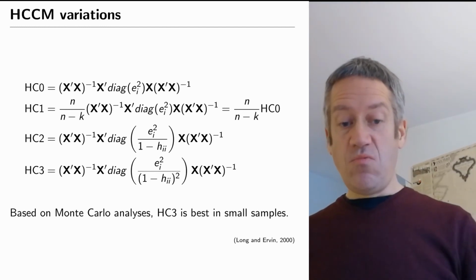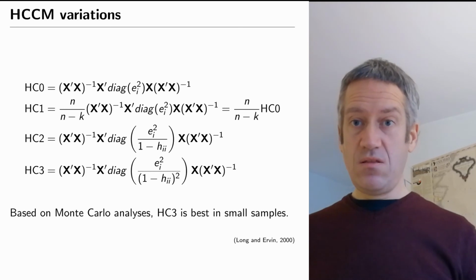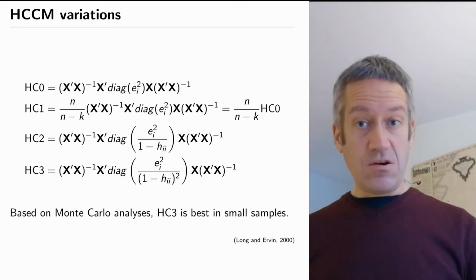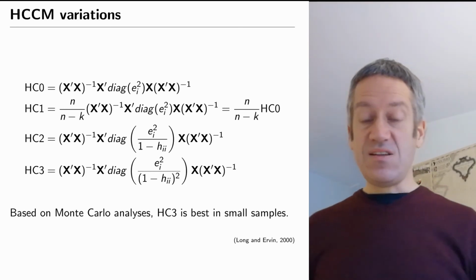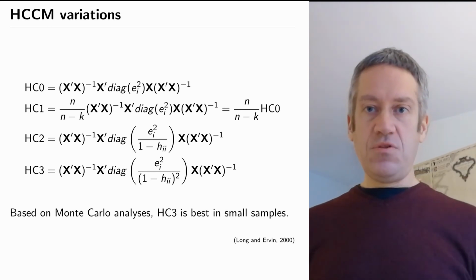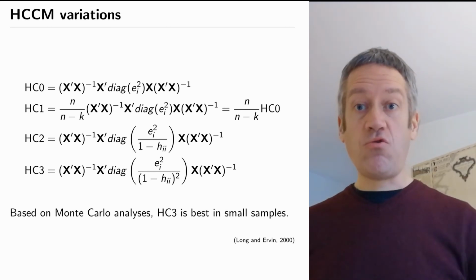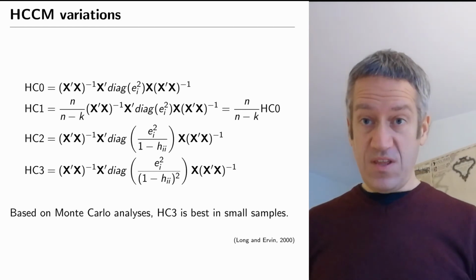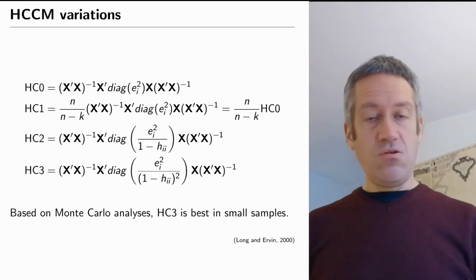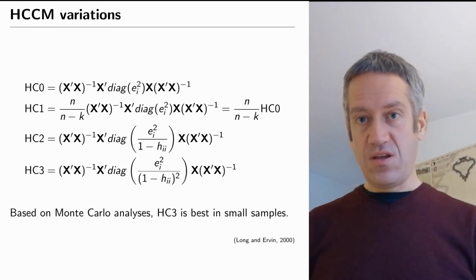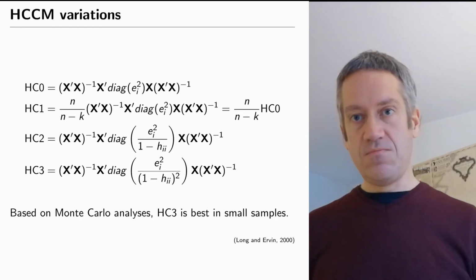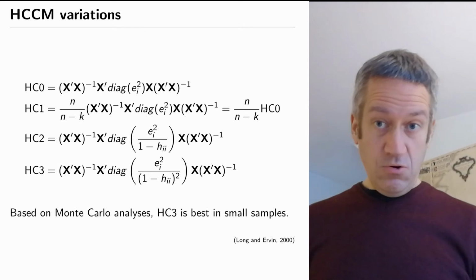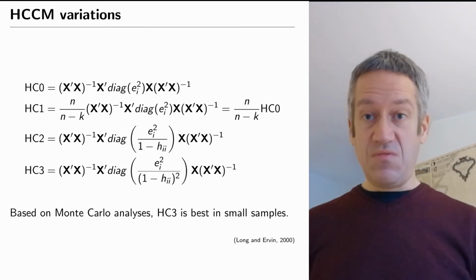So HC0, 1, 2, and 3, they're all different variations. They have in common that they are all somewhat biased. They have in common that as the sample size grows larger and larger, they all converge to the same thing. So if the sample size is sufficiently large, these 4 different estimators of the standard errors will give you the exact same results. But a normal sample is not sufficiently large, and they will differ.